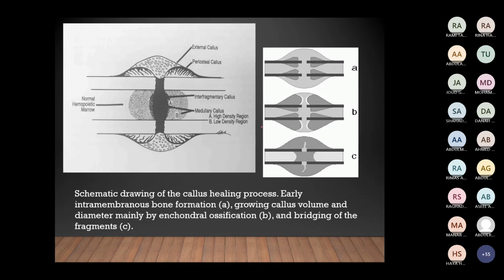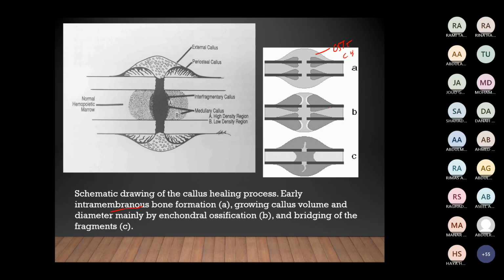Now this is a diagrammatic representation, which is very easy for you. This is a schematic representation of callus healing formation. First is the early intramembranous bone formation, in which osteoblasts and chondroblasts help in intramembranous bone formation. Then you can see the growing callus volume.